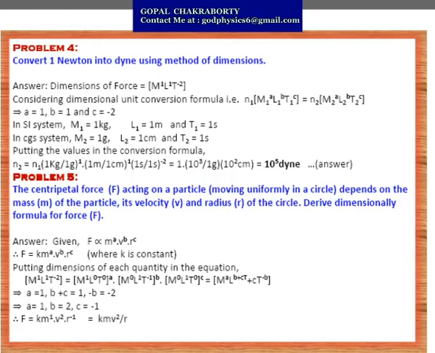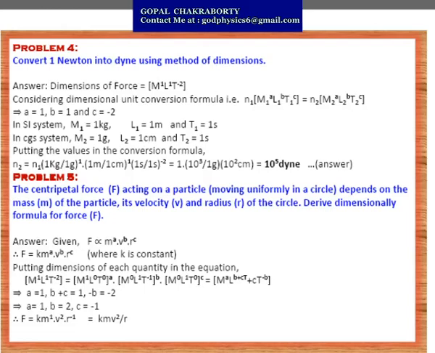So if I put the dimensions in the above equation, we get [M to the power 1, L to the power 1, T to the power minus 2] equals, in the right hand side, [M to the power 1, L to the power 0, T to the power 0] whole to the power a, and [M to the power 0, L to the power 1, T to the power minus 1] whole to the power b, and [M to the power 0, L to the power 1, T to the power 0] whole to the power c.